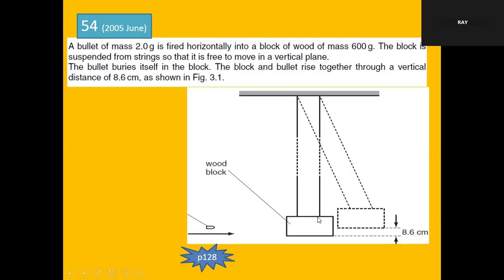They show you the picture. That's the initial position. That's after the bullet has gone in. The bullet buries in the block. It doesn't pass through. It stays inside there. And the block and bullet rise together through a vertical distance of 8.6 cm as shown in the figure.